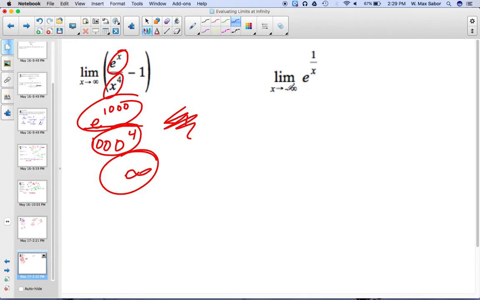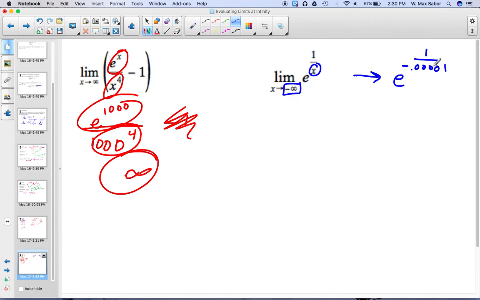Here, however, because the denominator of the exponent is getting closer and closer to 0, this is something like e to the 1 over that, which is like having a very negative exponent, because it was negative infinity.